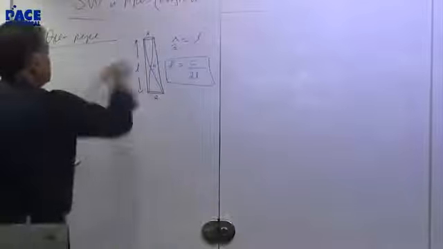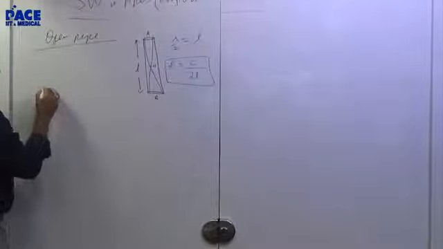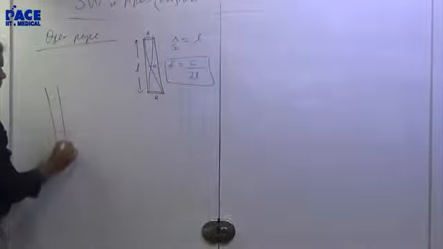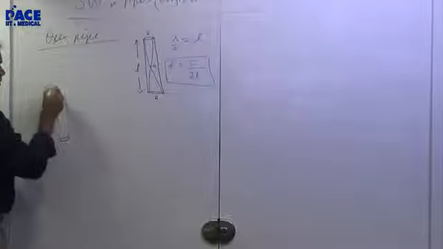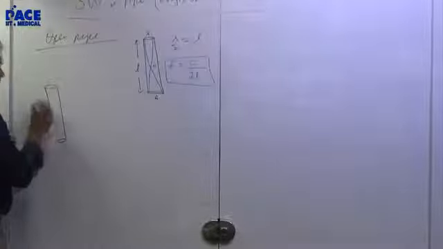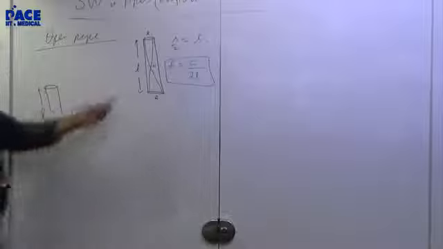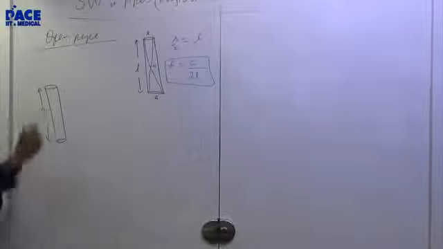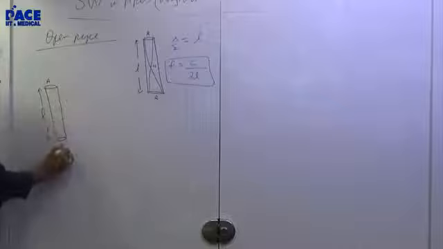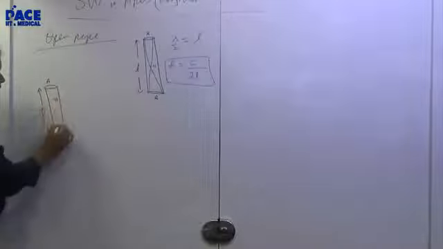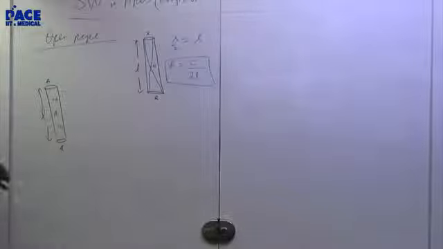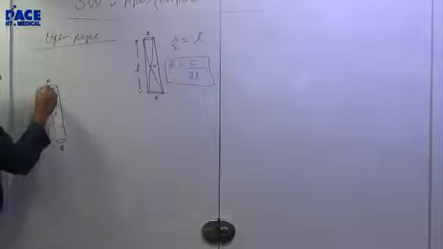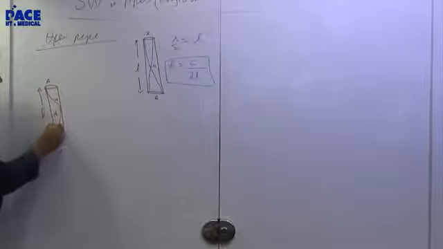What is the next? Next I'll draw here. The length is L. So here you have one node. Now we can have maybe two nodes. Antinode, this is fixed. So you have two nodes here, and the node is also there. So complete this, and we have it like this.